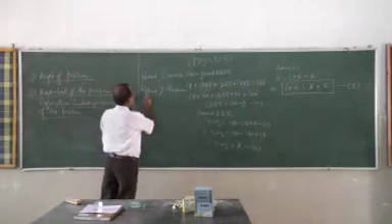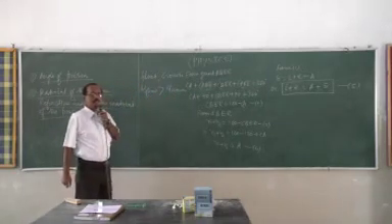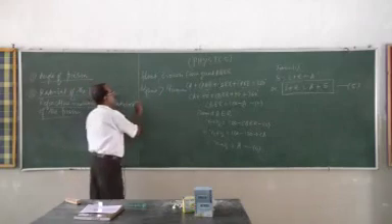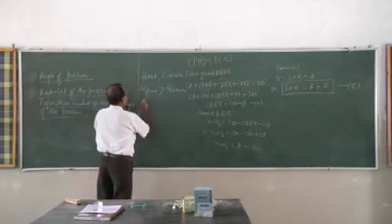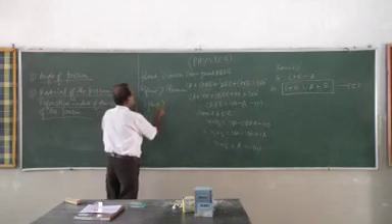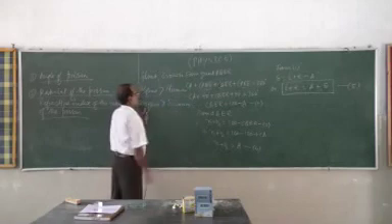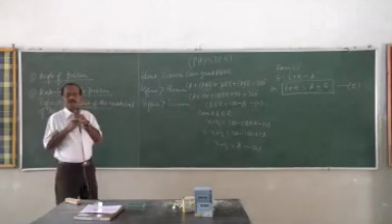Then the angle of deviation in flint glass will be greater than the angle of deviation in crown glass.